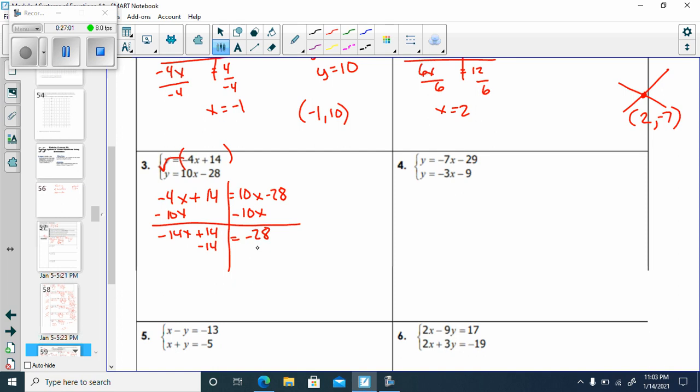We subtract 14 from each side, and negative 14x is equal to negative 42. Divide both sides by negative 14, and x is equal to 3, okay? So your x is 3.